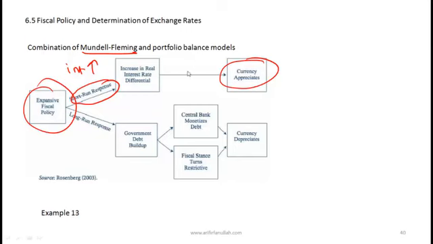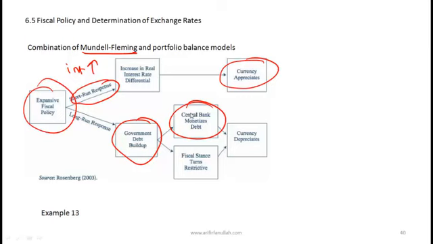The portfolio balance model helps us with the long run response. If the country has an expansive fiscal policy, there will be a budget deficit. If there is a persistent budget deficit, then the government debt will build. With the government debt increasing, one of two things can happen, or actually both can happen. One is that the government or the central bank can monetize the debt. This means the central bank can just print more money or increase the money supply to pay off the debt.